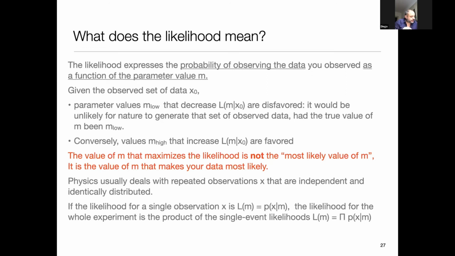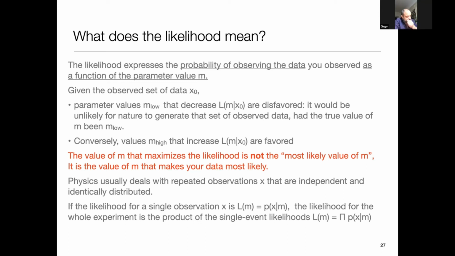I wanted to say that the value of m that maximizes the likelihood is not to be interpreted as the most likely value of m. This is conceptually wrong. The value of m that maximizes the likelihood is the value of m that makes your data most likely.